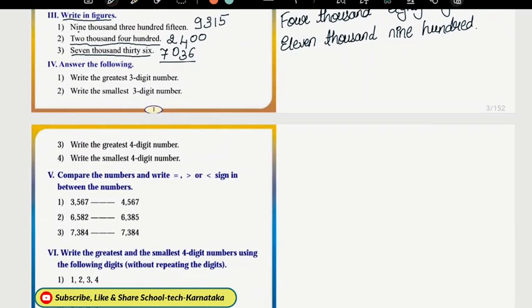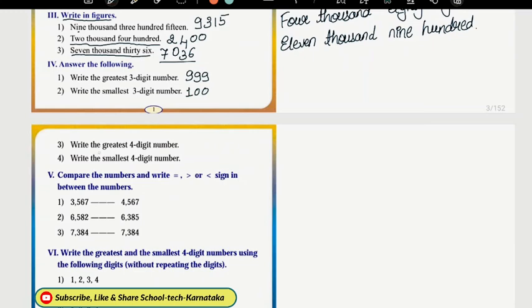Let's see what questions do we have. Write the greatest three-digit number. You already know the greatest three-digit number is 999 and the smallest three-digit number is 100.